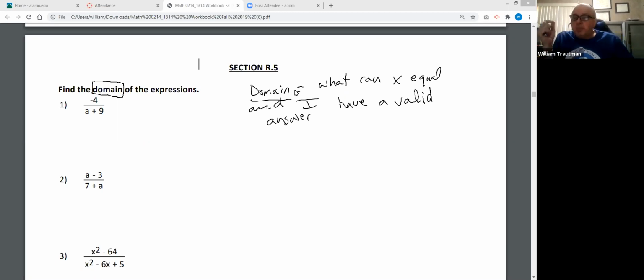And we always talk about domain when we deal with fractions, rational expressions.